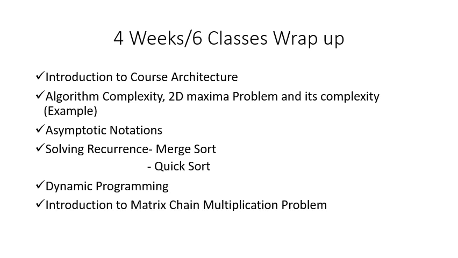Next we moved on to solving recurrence relations, and in that we studied quick sort and merge sort. Next we studied the concept of dynamic programming, and in that we studied the problem of Fibonacci numbers. And the last topic that we were discussing was the chain matrix multiplication problem.